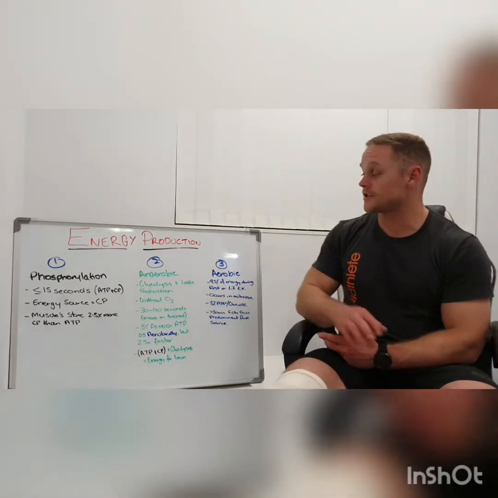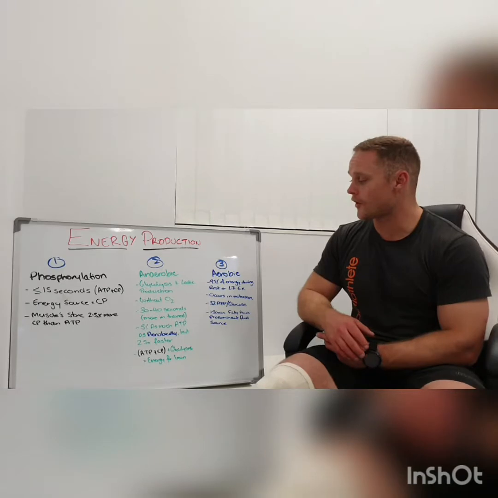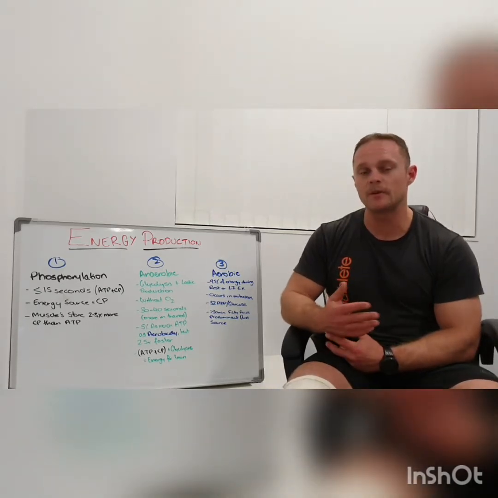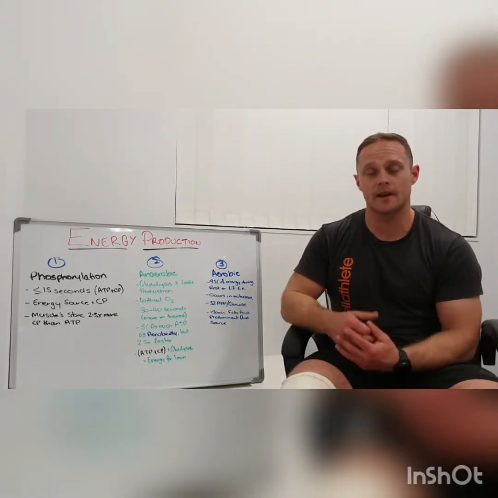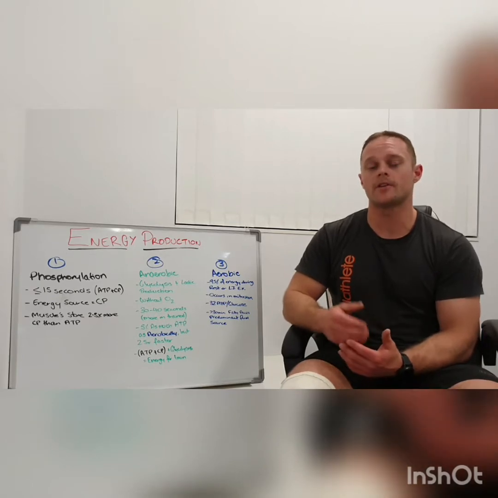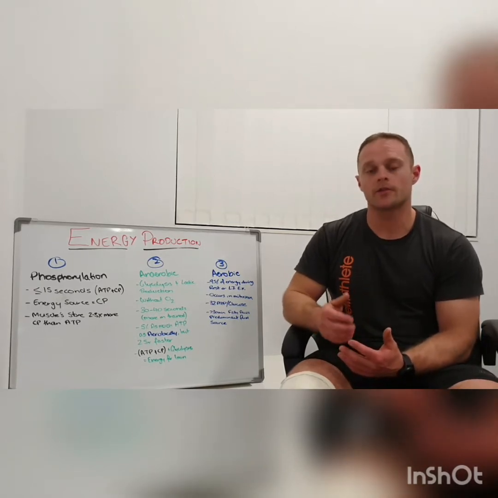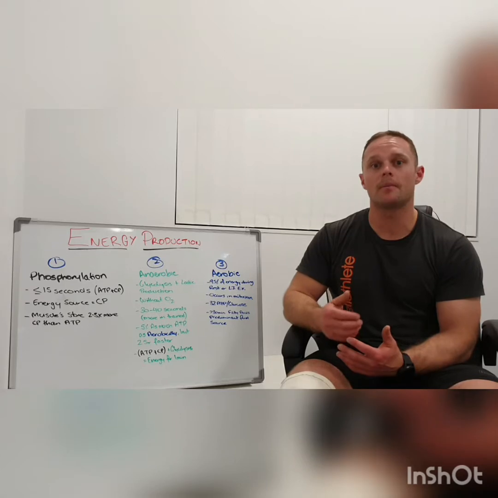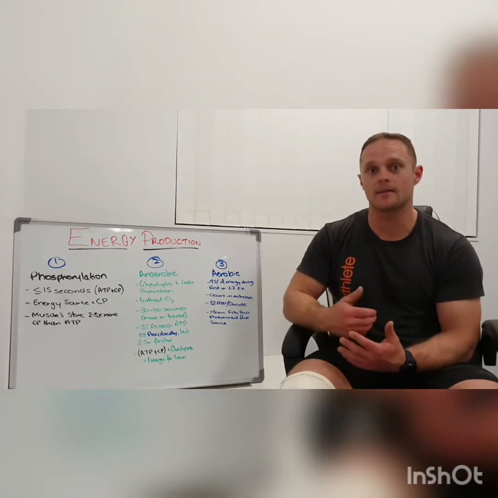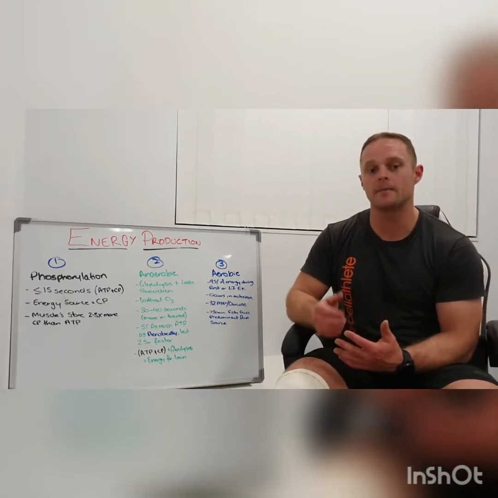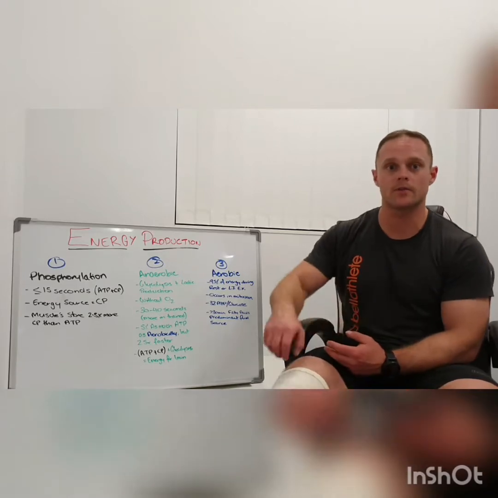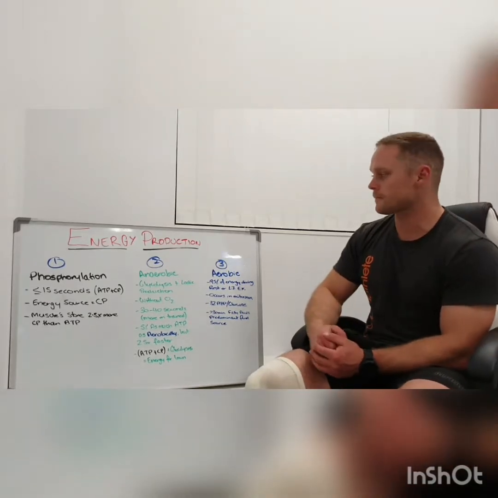This generally lasts for 30 to 40 seconds, and it can get a little bit further in those who have been trained. Like I said last week, we can train our body's ability to work through and to buffer the build-up of lactic acid in the blood. So we can build up that ability to buffer that out and use it as a fuel source with other muscles.